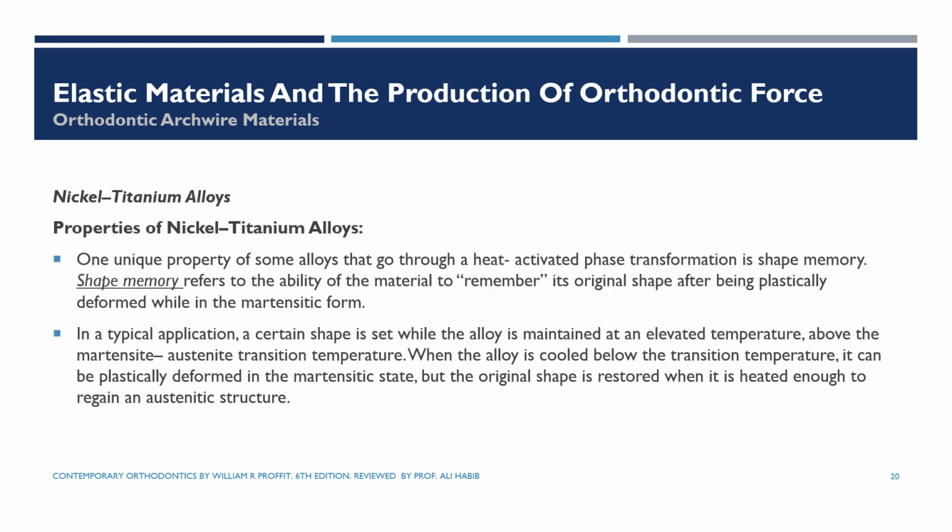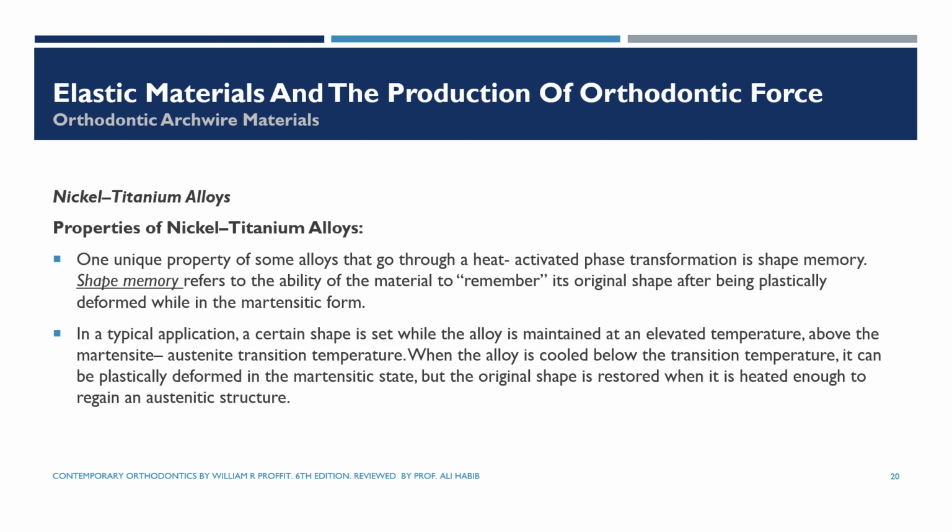Along with the thermoelasticity feature of these wires, they have another important property, which is shape memory. This refers to the ability of the wire to go back to its original shape after being plastically deformed while in the martensitic form. So let's explain this example.